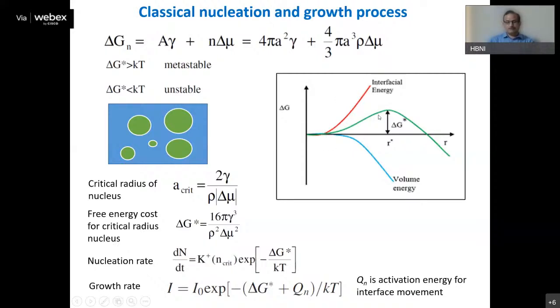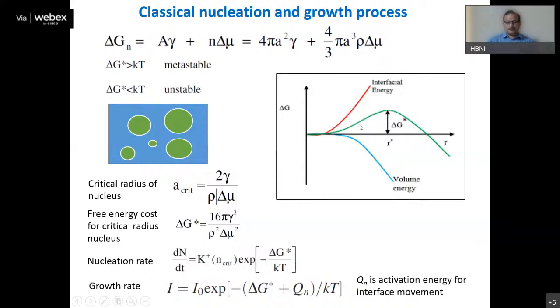The sum of these two parts leads to this kind of curve, which has some critical radius corresponding to the maximum delta G. Now, why do I call it a critical radius? Because if a nucleus is formed with a radius lower than this, in order to grow, the free energy has to increase, which is thermodynamically not supported.